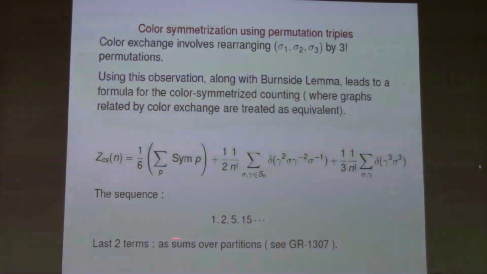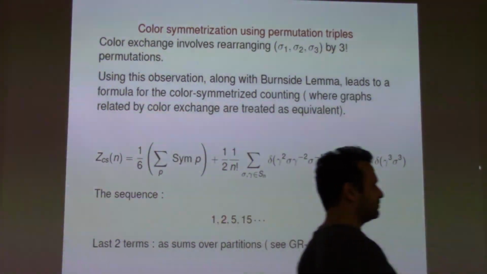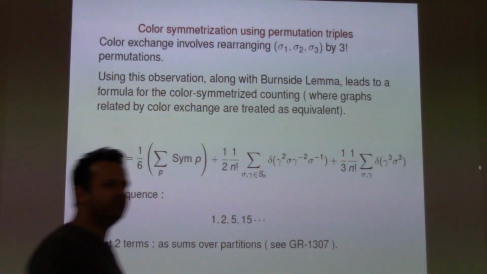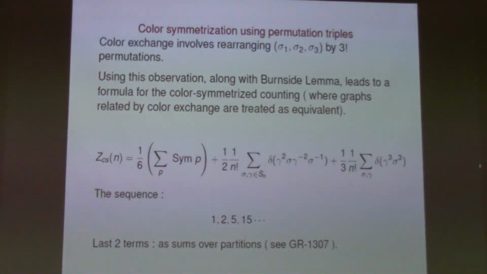And as we were developing this sequence, along the way, we observed this curious fact that this number by itself is an integer, and this number by itself is an integer. In other words, the number of solutions to gamma cube equals sigma cube is always a multiple of n factorial. We didn't know this. We hadn't seen this anywhere.